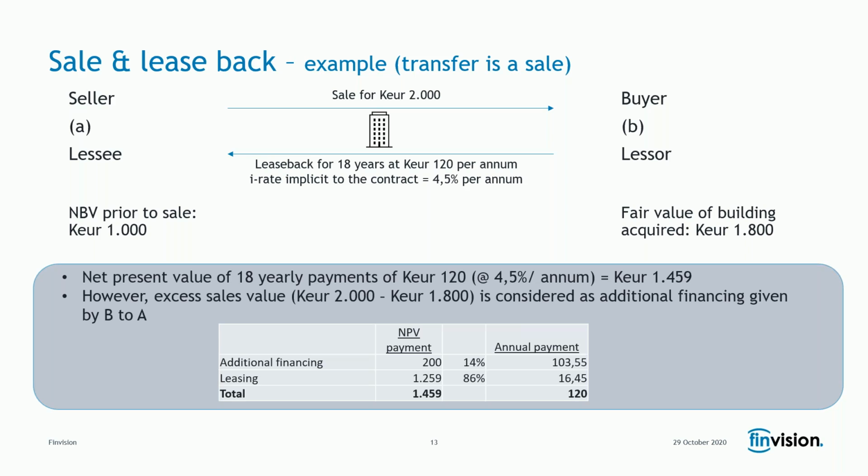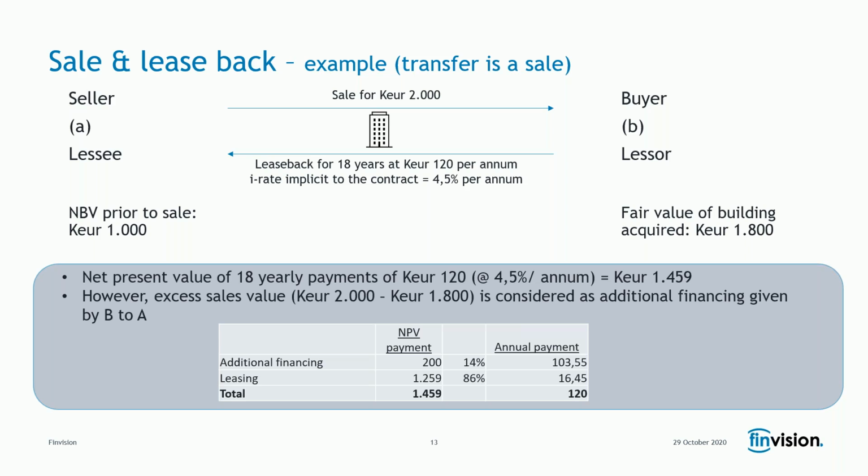So in the example here, we consider that the sale is eventually a transfer. So here we will see the excess value, which is the difference between the sales value of 2 million and the fair value of the building, is considered as additional financing. So what happens then?